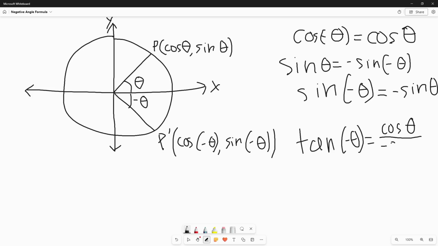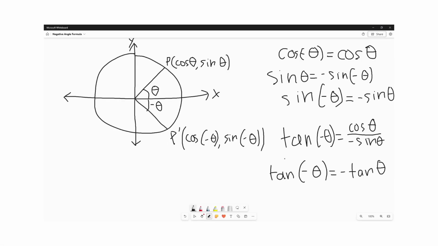Over negative sine theta, and same logic for here, we'll replace sine of negative theta with negative sine theta. And we get tan of negative theta is equal to negative tan theta.